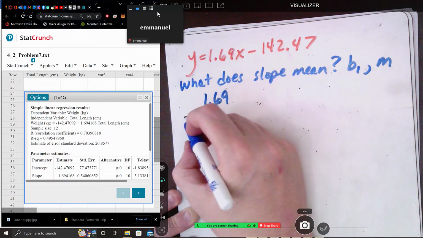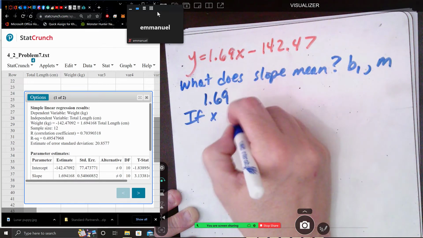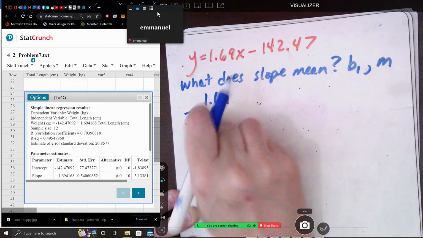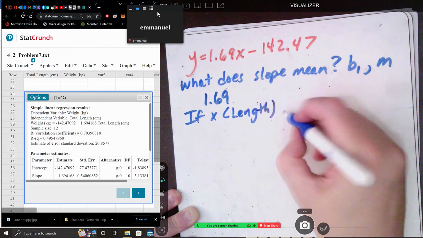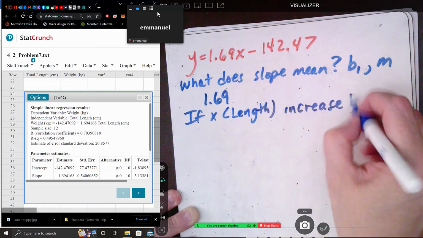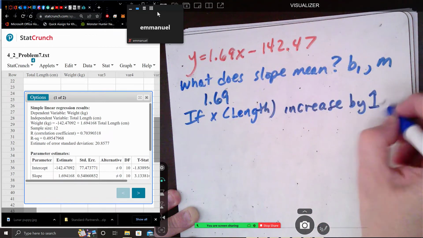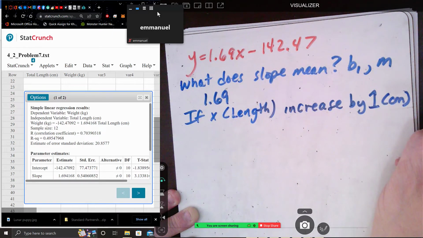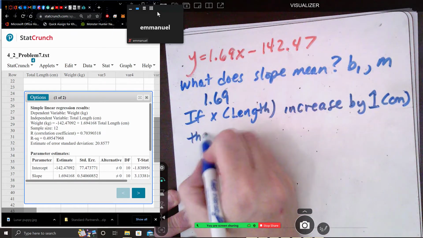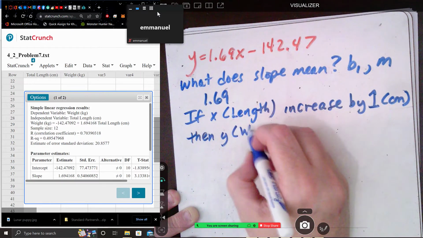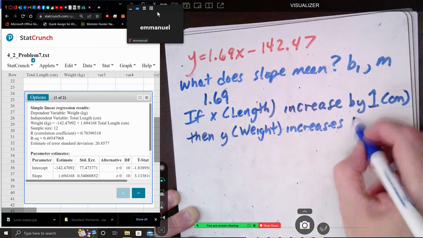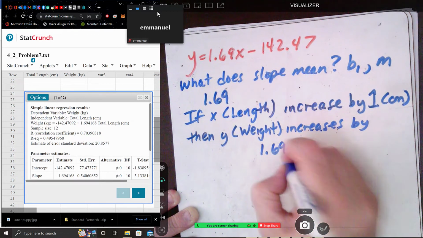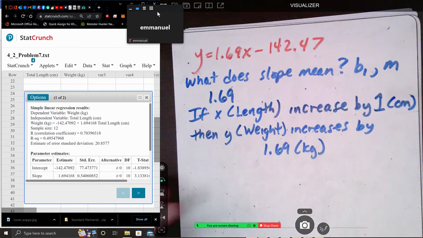And it means if x, the length, increases by 1, in this case in centimeters, then y, which is the weight, increases by 1.69, and the weight was in kilograms. So they might ask you stuff like that.